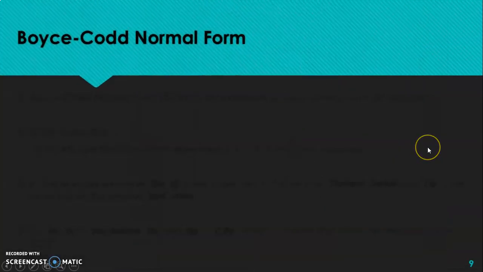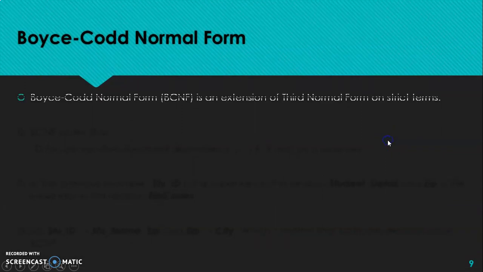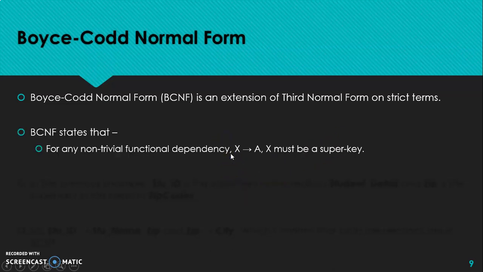Next we have the Boyce-Codd normal form. Boyce-Codd normal form, or BCNF, is an extension of the third normal form. It is similar to the third normal form, but with some stricter rules. BCNF states that for any non-trivial functional dependency X to A, X must be a super key.